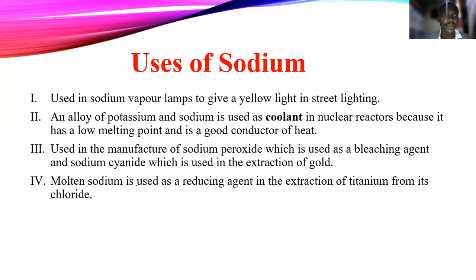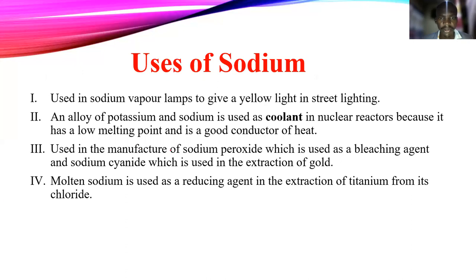Uses of sodium: it is used in sodium vapor lamps to give a yellow light in street lighting. An alloy of potassium and sodium is used as a coolant in nuclear reactors, because it has a lower melting point and is a good conductor of heat.